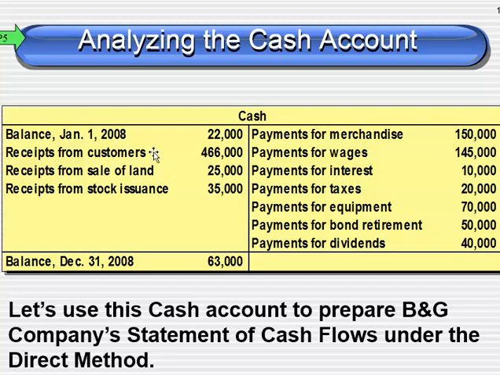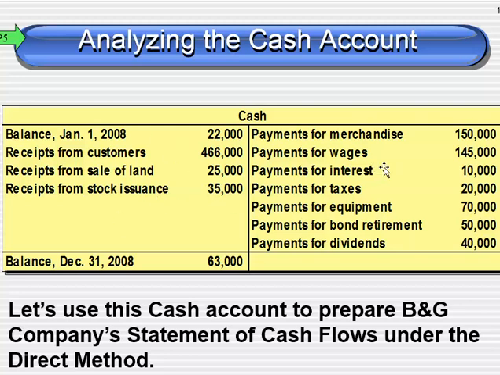So what I like to do is kind of outline which ones are operating activities, which ones are investing, and which ones are financing activities. So the first one, receipts from customers, that's going to be operating activities. Proceeds from the sale of land, or receipts from the sale of land, here is going to be an investing activity, and receipts from stock issuance will be financing.